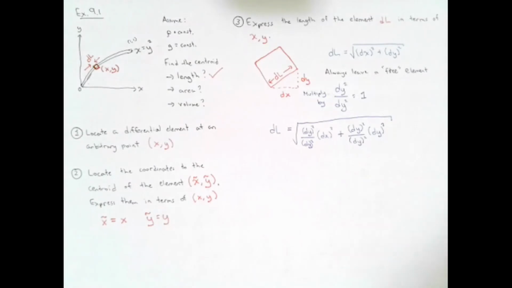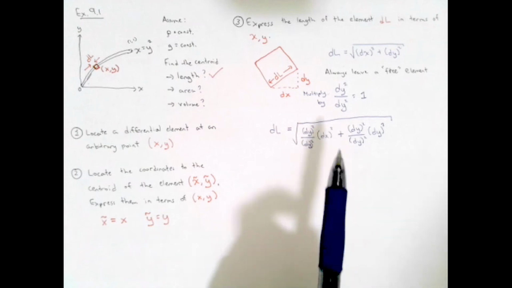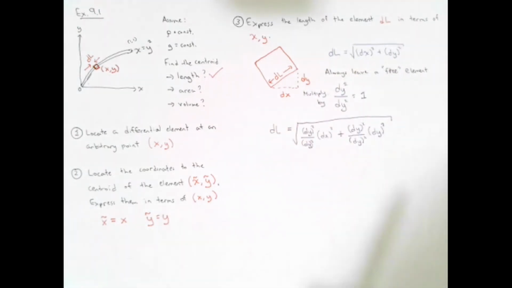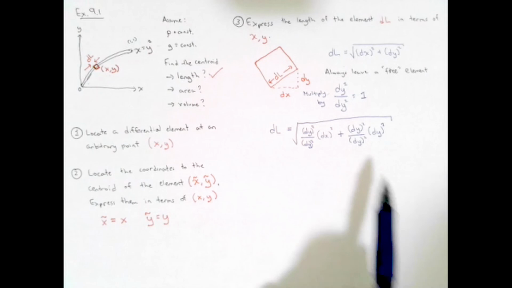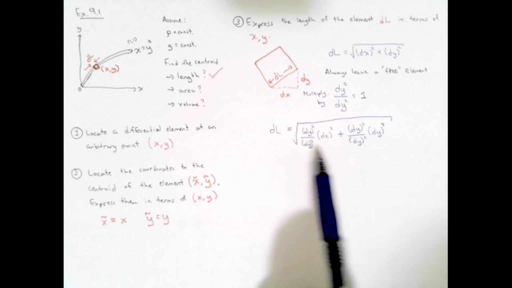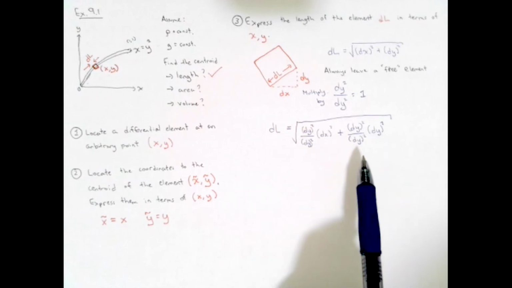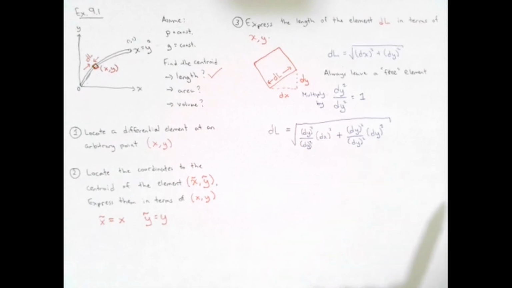So what does this leave me with? Notice that if I want to take my dy out of this square root, I need to factor it out somehow. So by multiplying everything by dy squared, can I factor out my dy now? Yeah, I can, right?